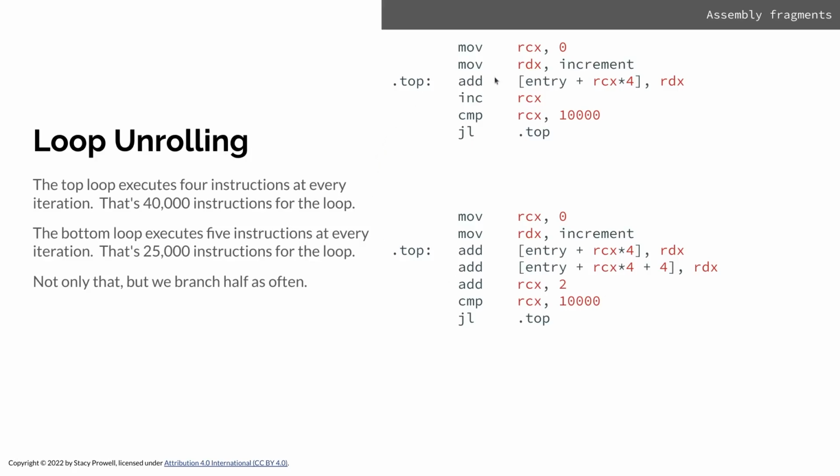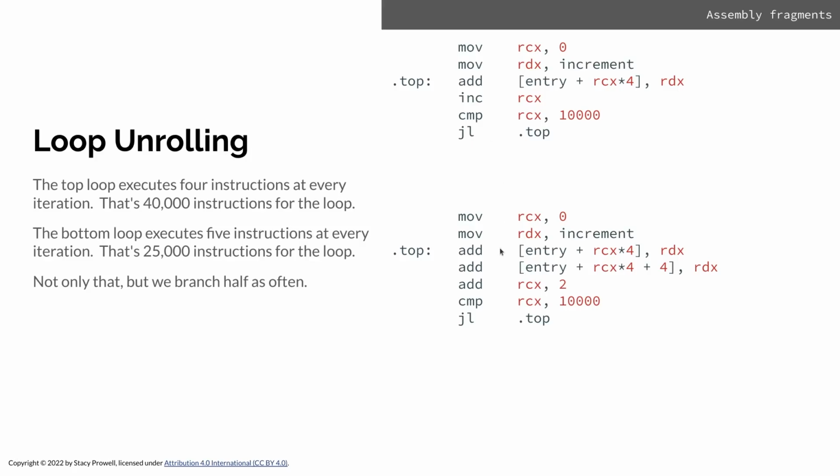It's going to do the add, it's going to increment RCX, compare it to 10,000, and jump if less to top. That's 1, 2, 3, 4 instructions. Yeah, they don't all take the same amount of time to execute, but it's 4 instructions every time through. It runs 10,000 times. That's 40,000 instructions that get executed for that loop.